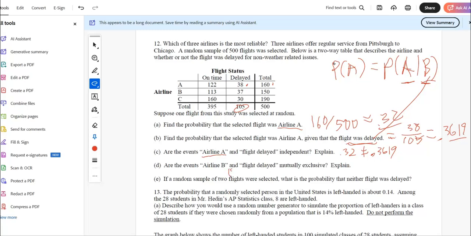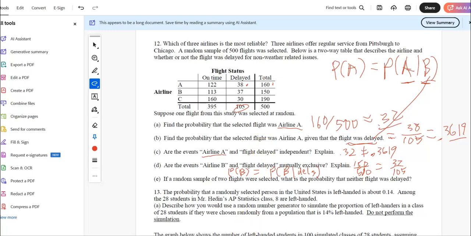So let's do this one. Say it in words first. Probability of B should equal the probability of B given that delay has happened. So what's the probability of B? That would be 150 out of 500. And that should be equal to, let's see, delay is 105, so that would be 37 out of 105.